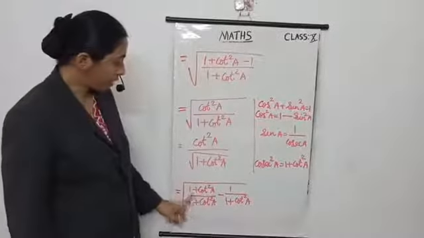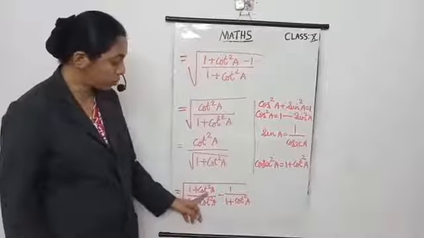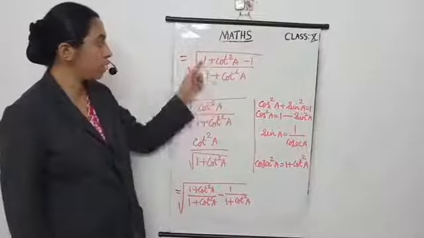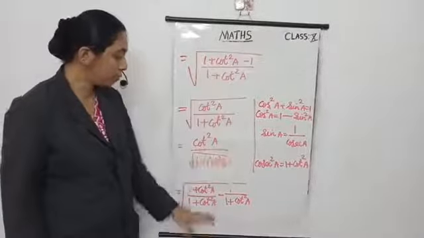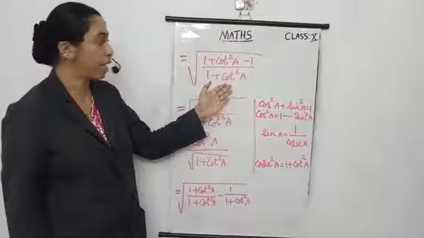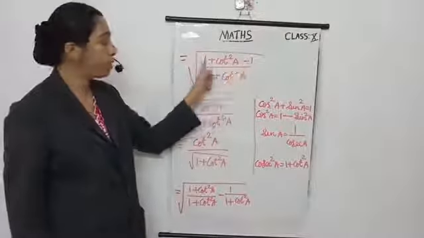Now both have the same denominator. So this is 1 plus cot square A minus 1, by the same denominator, 1 plus cot square A. Now 1 minus 1, 0.